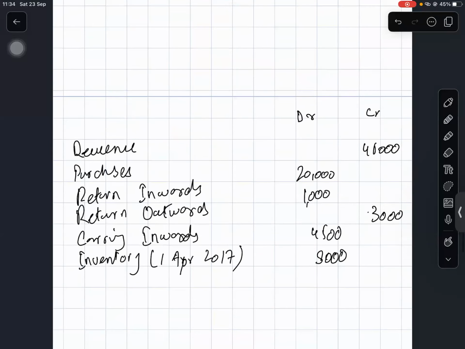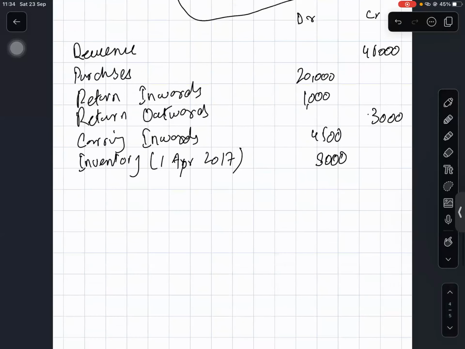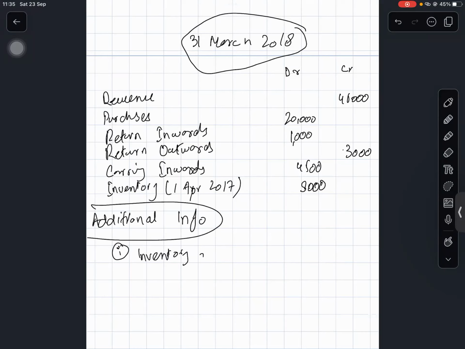And they've also told you the inventory at 1st April 2017. And they've also told you that the rest of the data is for 31st March 2018. And they've also told you a bit of additional information. Number one, inventory at 31st March 2018 was 7,000.